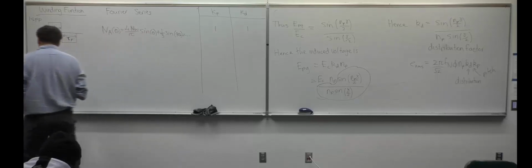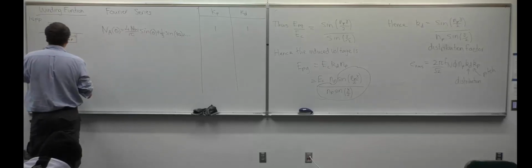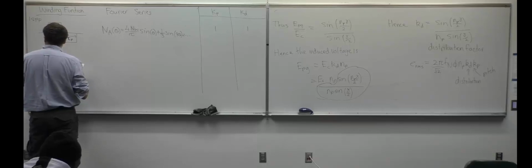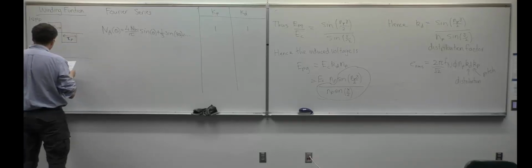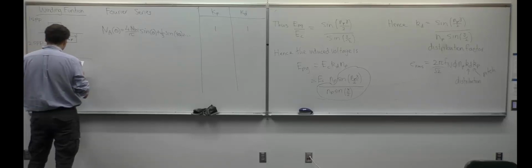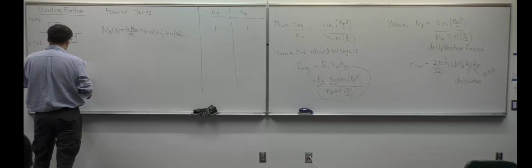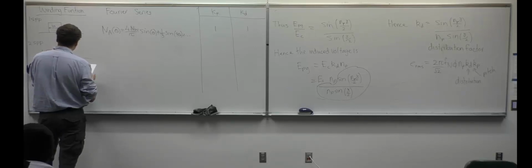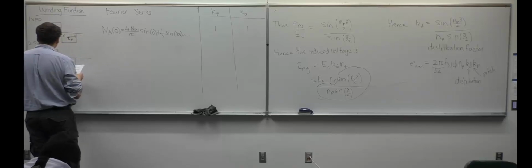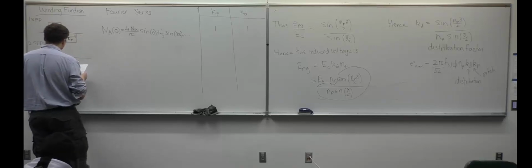Then we looked at what happens if we had 2 slots per pole per phase, and then what we got was a winding where W and TP were not the same.